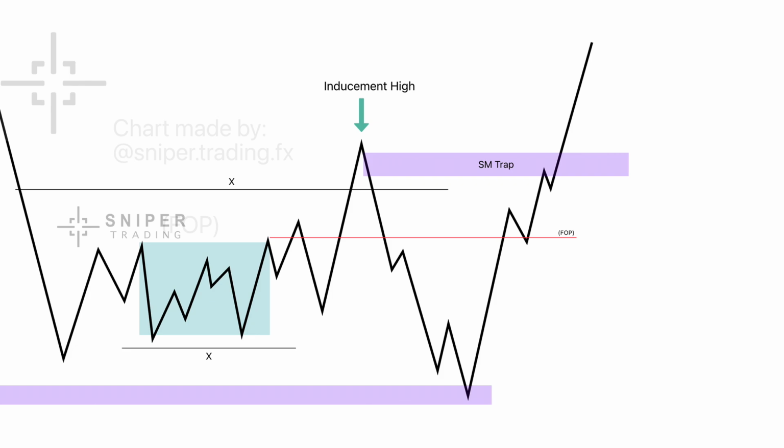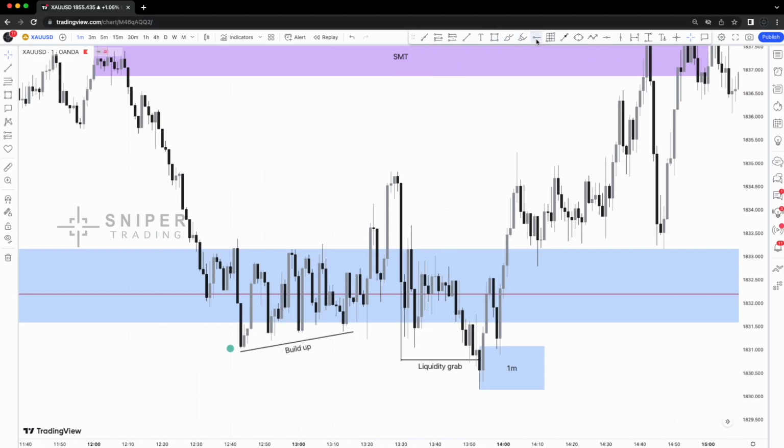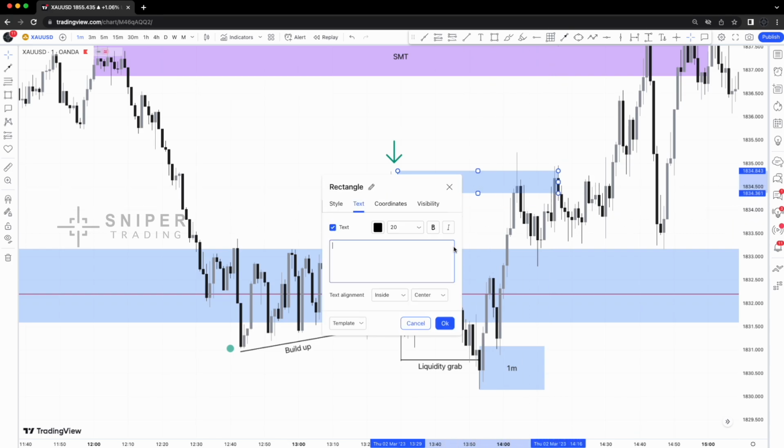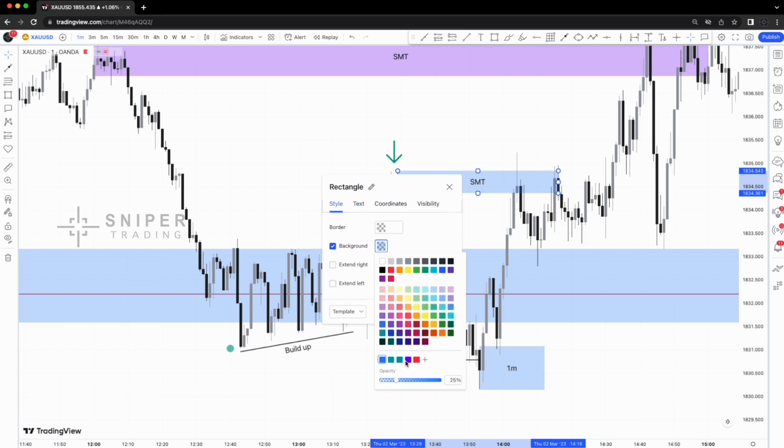I'm going to mark it with a green arrow, just there. And then right next to it, there's going to be a smart money trap. So SMT, and then the background should have purple color.